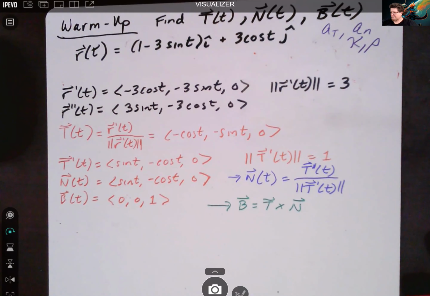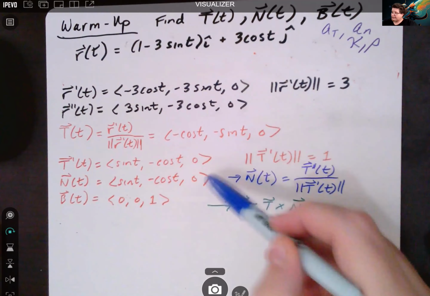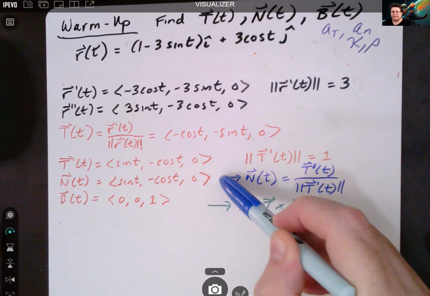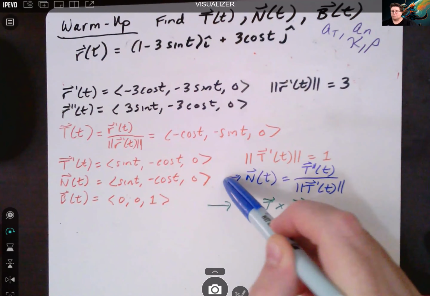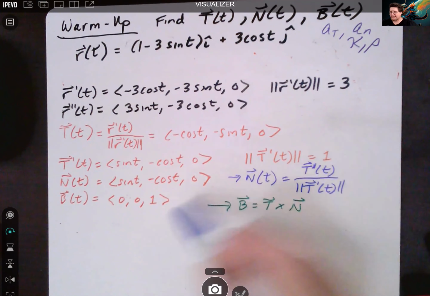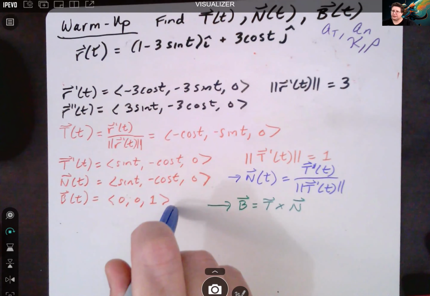I jumped straight to B of T being 0, 0, 1 without doing any calculations. Does anyone know why? Because the Z's are zero. Z is 0 in both T and N, which means they are completely in the XY plane, which means my cross product has to be only in the Z direction.